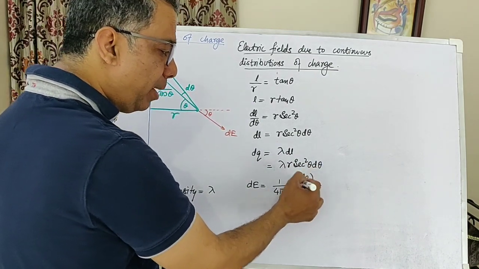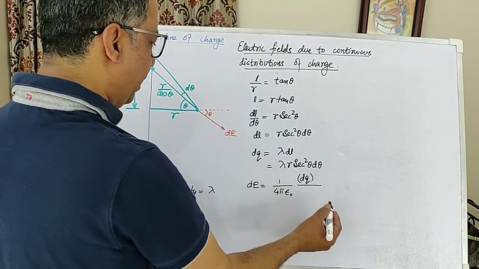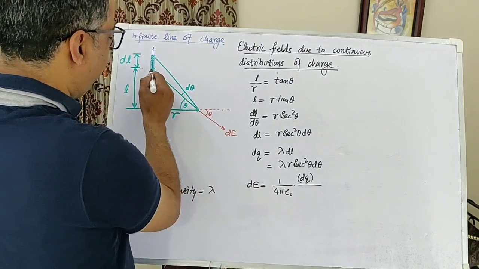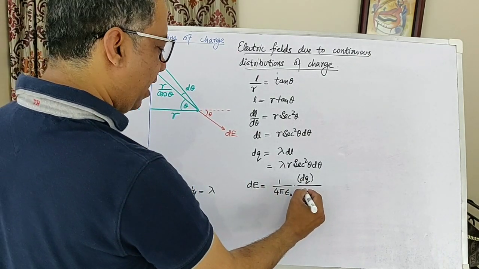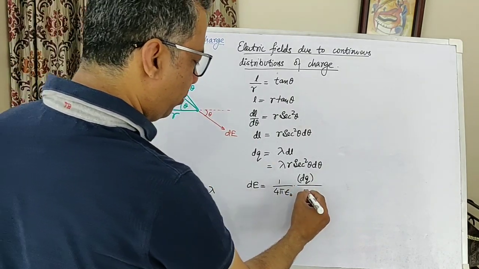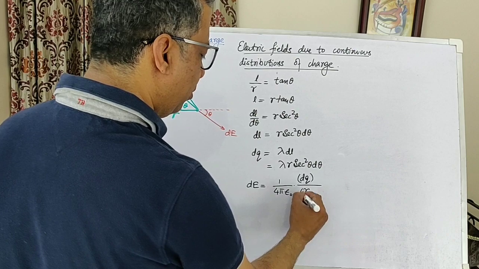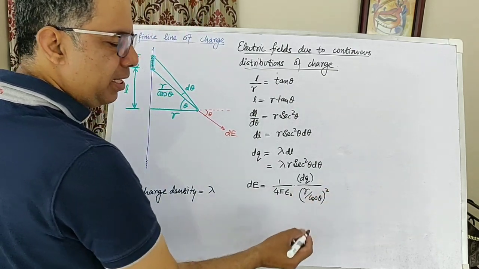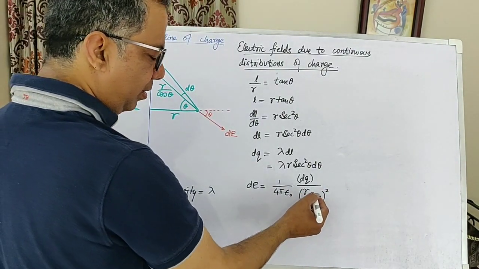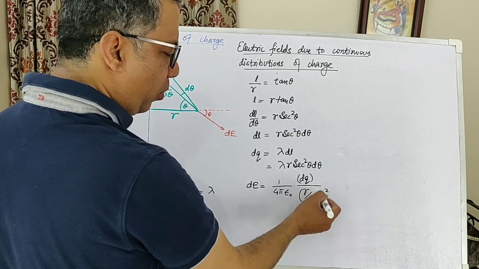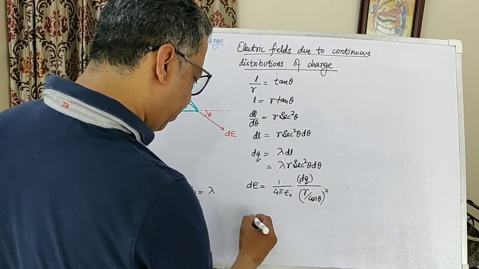Here in place of q we have dq, and the square of this distance here will be r by cos theta whole square. Now remember, 1 by cos theta is sec theta, so 1 by cos square theta will be sec square theta.